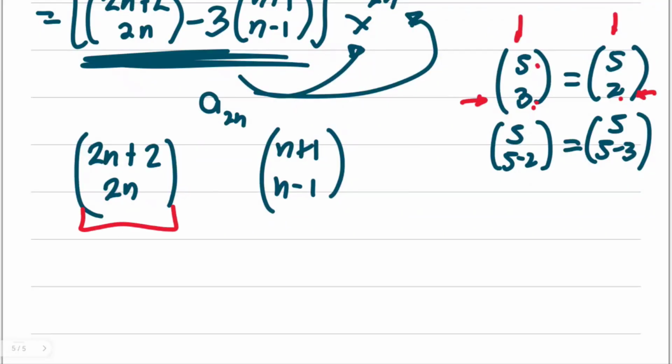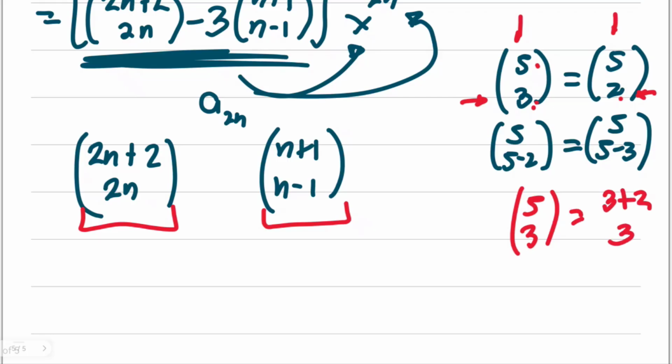Because if n is equal to something else together with this, and they must go hand in hand, how should it look like? Now take note that our 5 here, let me just look at 5 combination 3, is actually equal to 3 plus 2 combination 3. That means, looking into this one, we have the same value here, same as this as well.